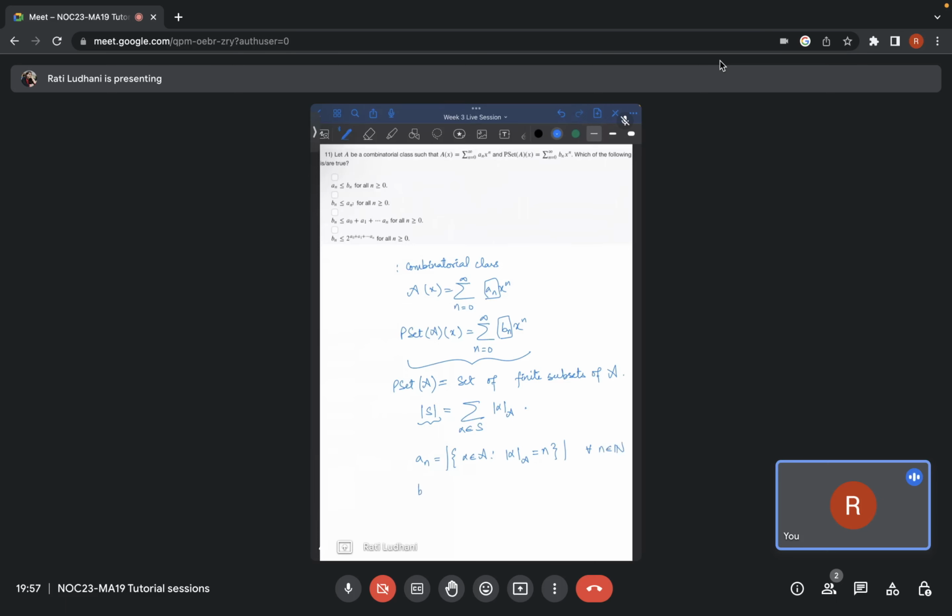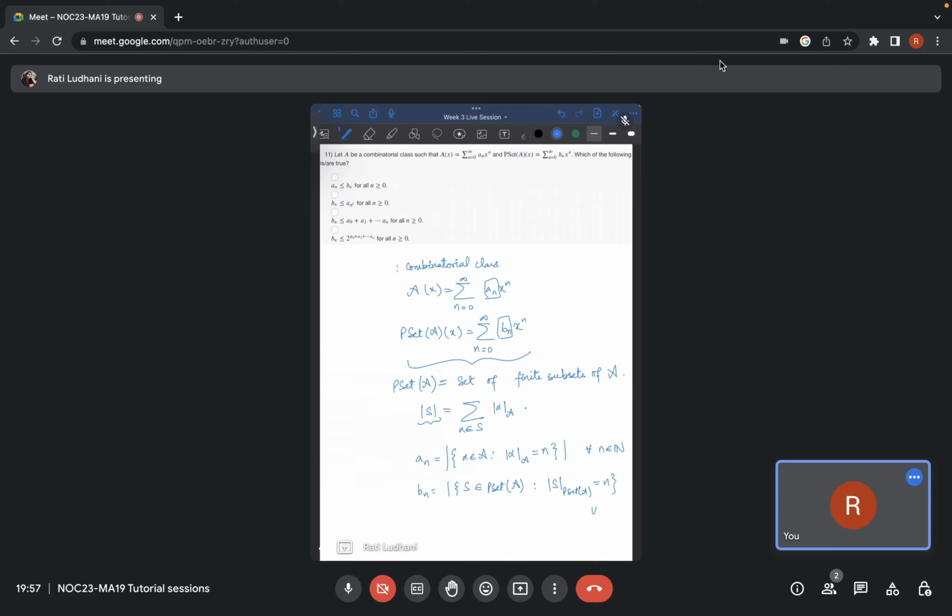And for the power set, you will have all the elements beta belonging to the power set of A. You can write S to denote that, such that the size of S in the power set is n.